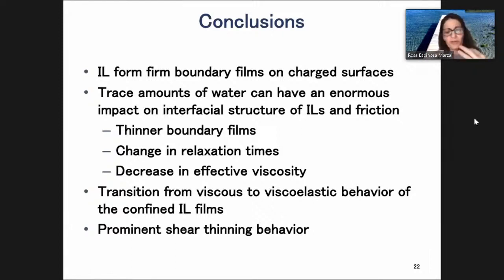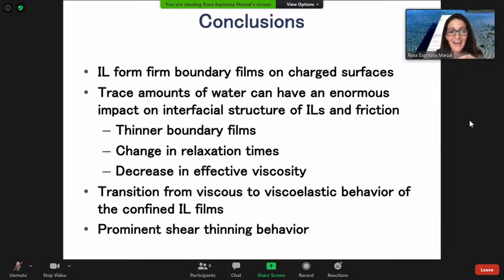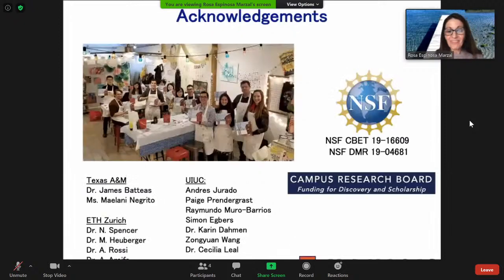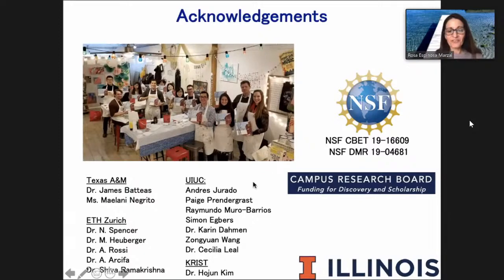We also saw in nanorheology a transition from viscous to viscoelastic behavior and a prominent shear thinning behavior of the confined ionic liquids. And I showed you some new results on the effect of roughness on ionic liquid lubricity. With that, I want to thank funding, my group, collaborators, and of course, all of you for your attention.